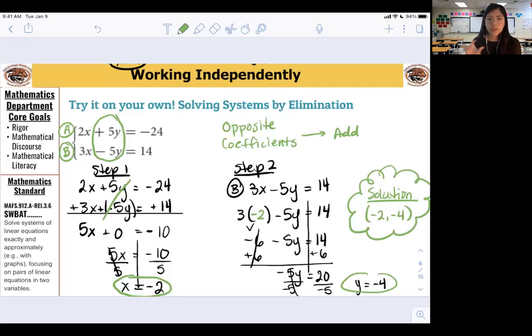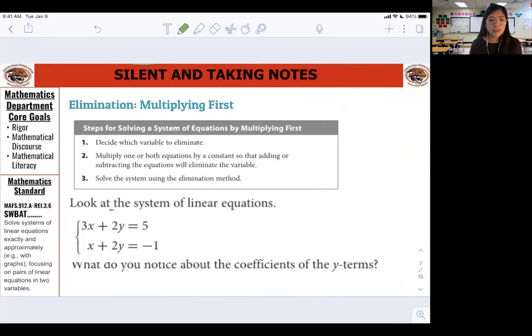All right, so far we've only looked at examples when we are adding, and that's when you have opposite coefficients. Now take a look at this one. What is different here? Instead of opposites, they're equals. Exactly. Instead of opposites, we have the same values.